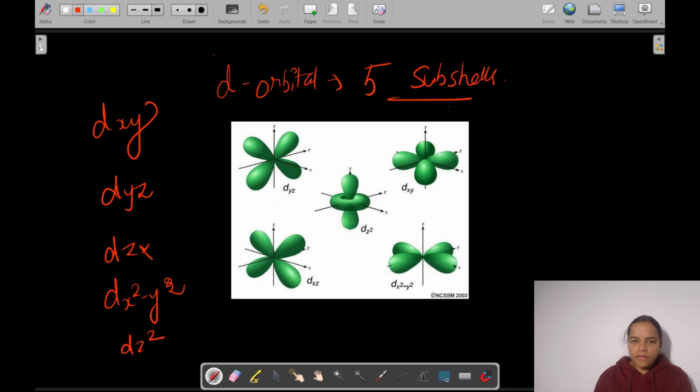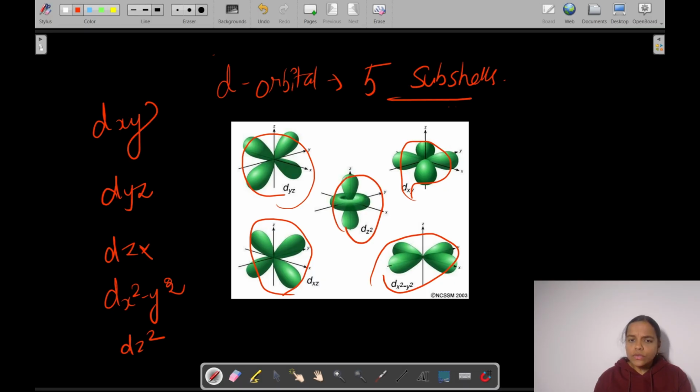We see them in these images as well: dxy, dyz, and dxz, and dx square minus y square, and dz square. So these are the 5 kinds of subshells that are part of the d orbitals. It is very important to know these structures to understand the crystal field theory.